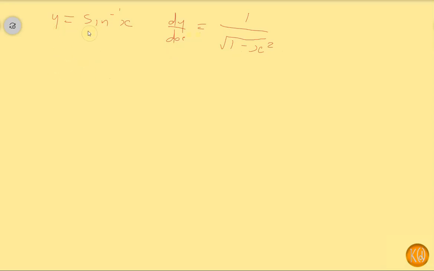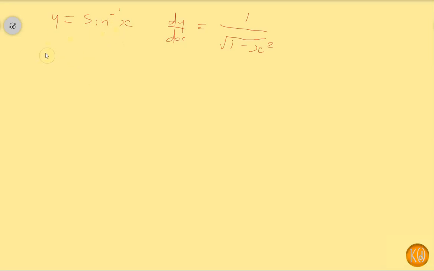Okay, so initially we don't know what we get when we differentiate sine inverse, but we know what we would get when we differentiate sine, right? So what we can do is find the sine of both sides, because sine would be the opposite of sine inverse.